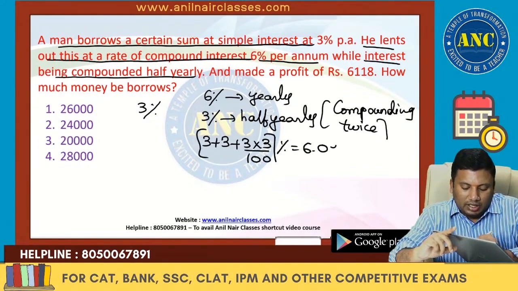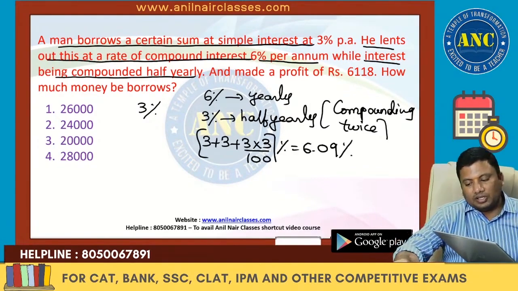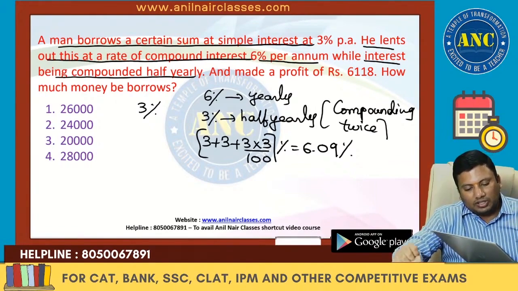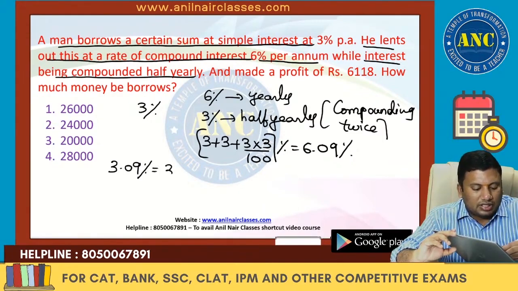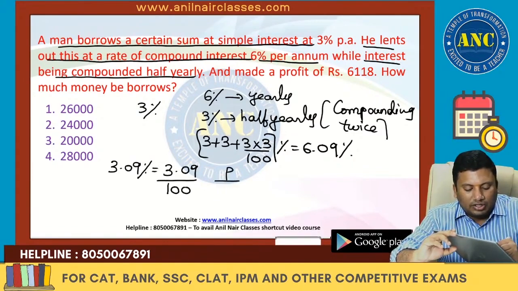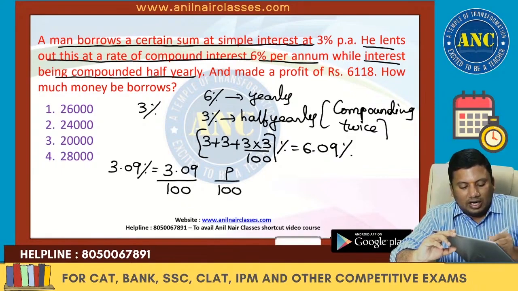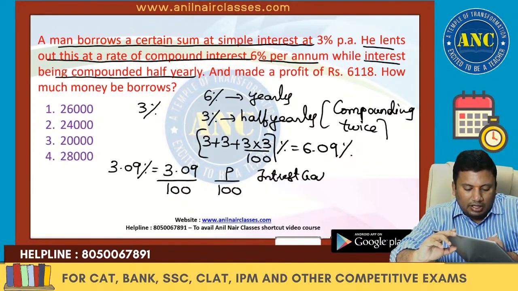These are nothing but 6.09%. So the difference is 3.09%, which is 3.09 by 100. That means if the principal is 100, the interest gap is 3.09.